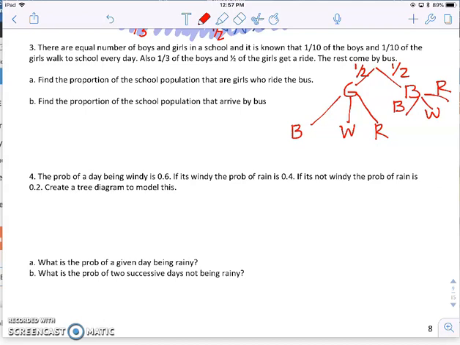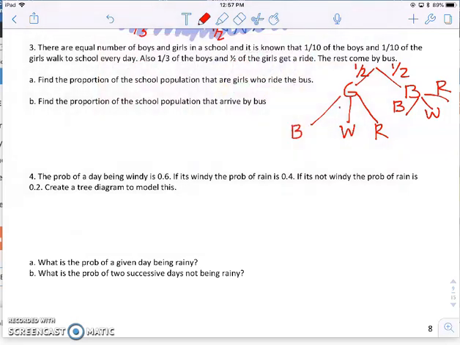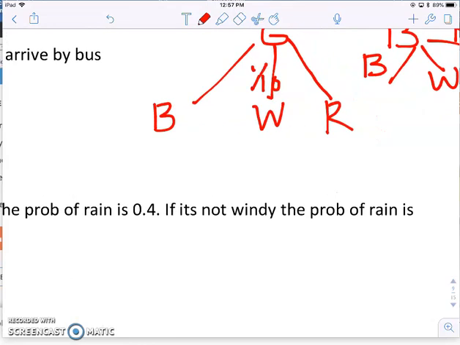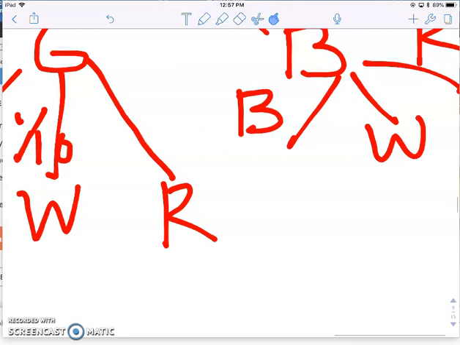It is known 1/10 of the boys and 1/10 of the girls walk. So walk 1/10. This is really messy and not big enough, I apologize. And walk here 1/10.